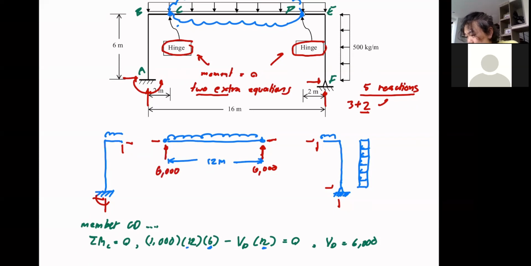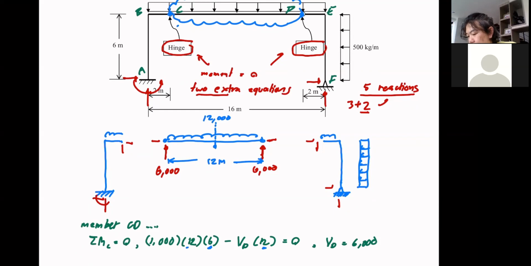Because your total load is in fact 1,000 times 12, so 12,000. Okay, but we cannot conclude anything about the axial load yet. But now we know the vertical load is 6,000.